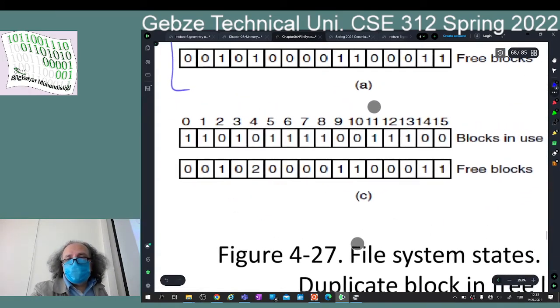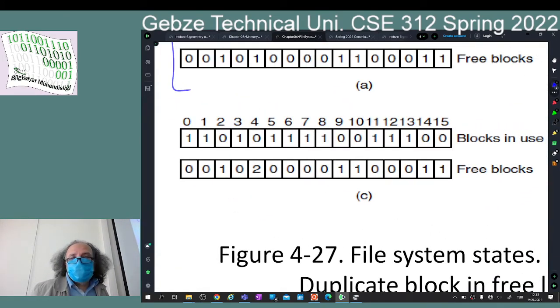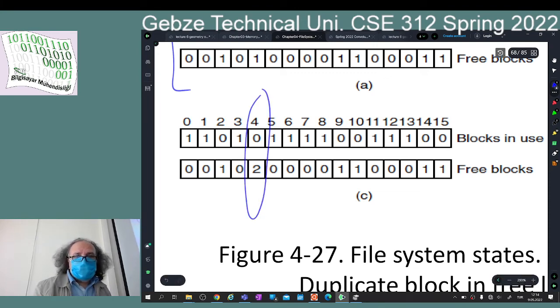Let's see this picture. What is the problem with this picture? Yeah, block number 4 appears 2 times in my free list. That's not good. So what would you do?